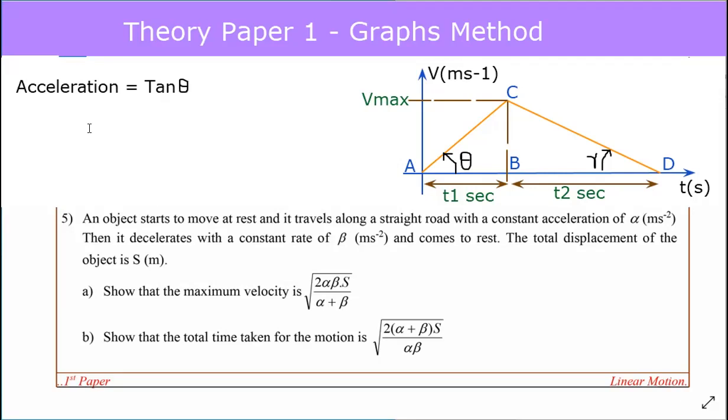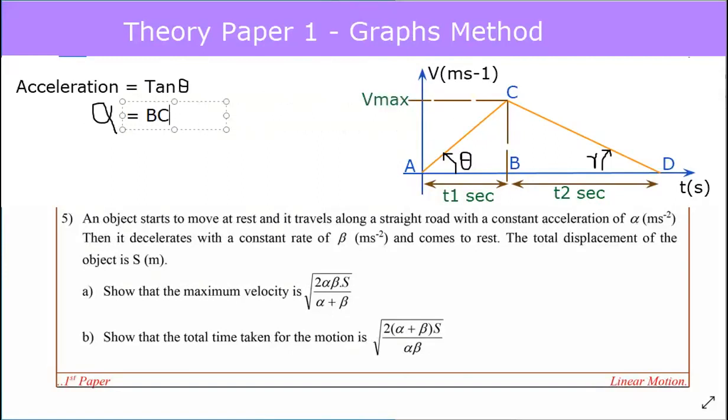They have given us acceleration as alpha. Normally we use A1, A2, A3 like that, but they have used alpha, so let's use it. No problem. So acceleration is alpha, and it is equal to tan theta, and tan theta equals opposite side divided by adjacent side.